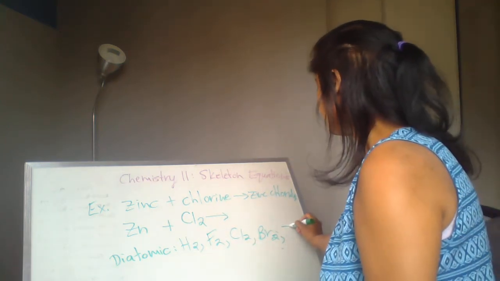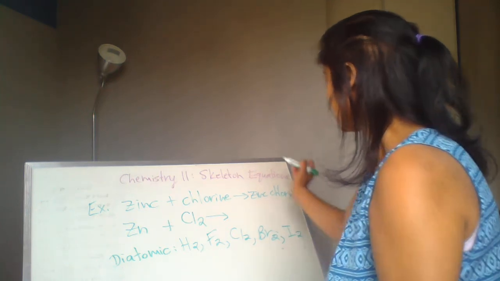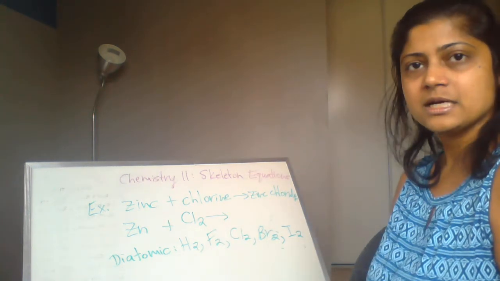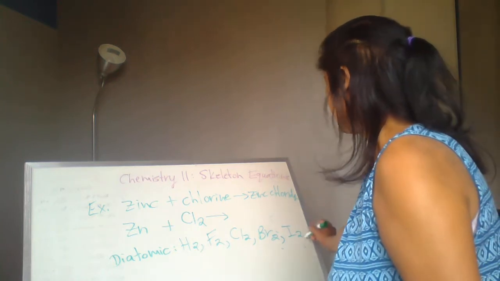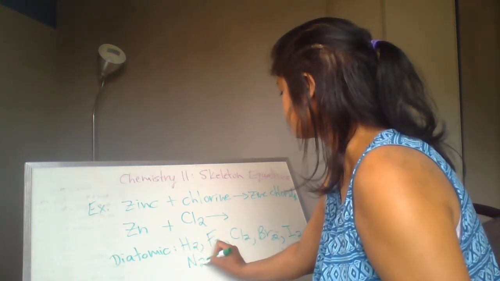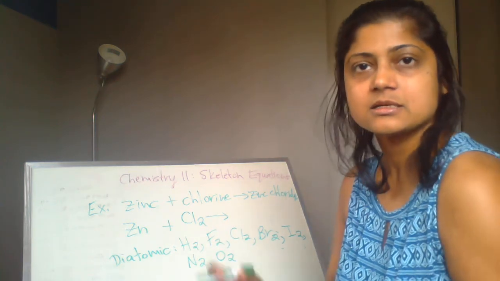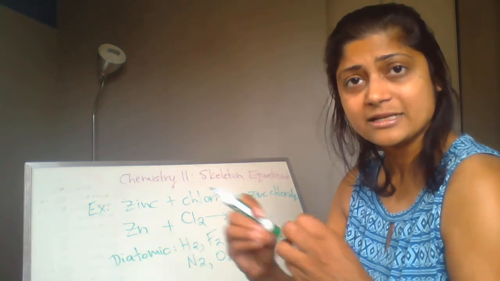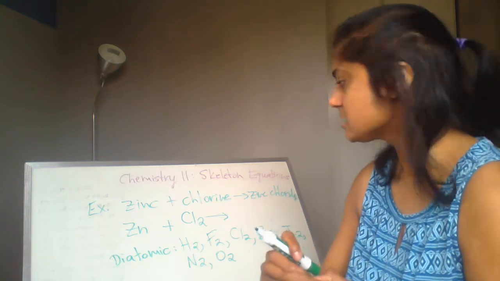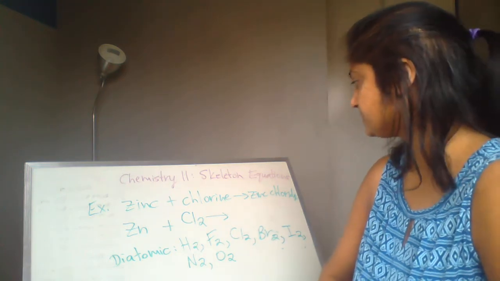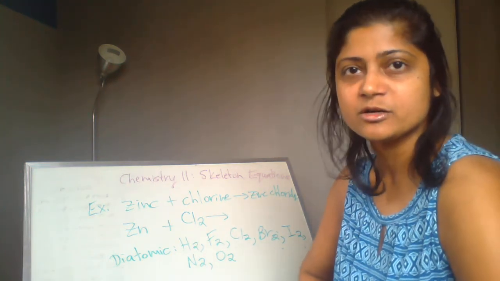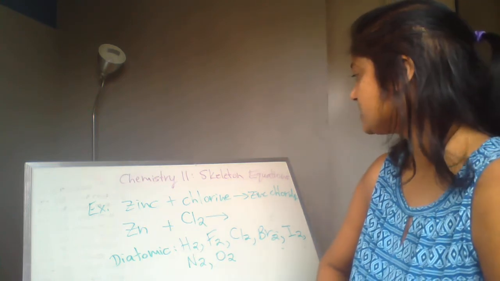I have iodine as well, and all of them are diatomic, as well as nitrogen and oxygen, and they basically exist in the environment as two atoms of this element combined together chemically. And that's the most stable form of these atoms and elements here.